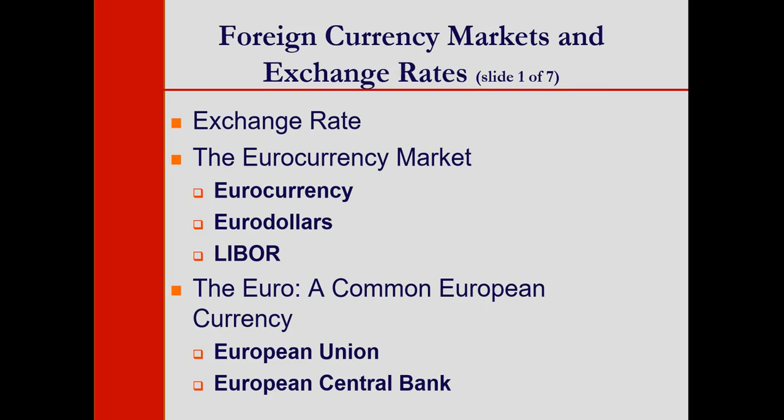LIBOR means London Interbank Offered Rate. The first thing that you need to understand is LIBOR rate is an interest rate. But interest rate with whom? Who is borrowing, who is lending, which interest rate is that? It is the interest rate at which the banks in euro currency market lend to each other.